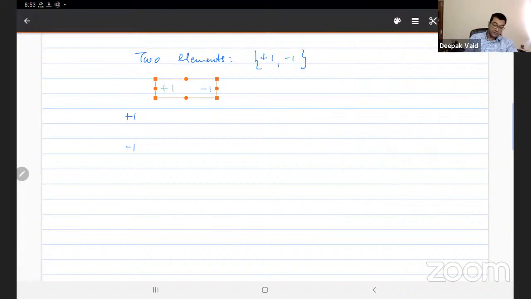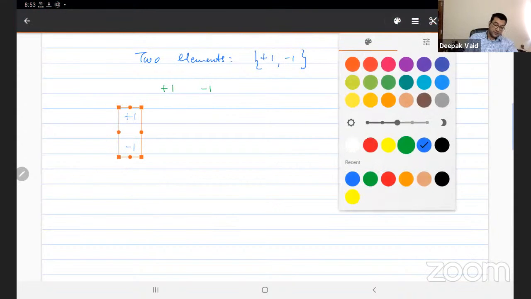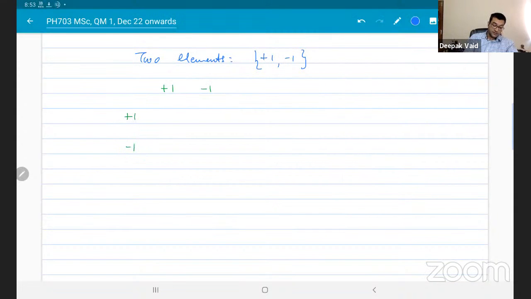Now, look at the product of these elements. What is the result? I get +1, -1, -1, and +1, right? So this is called the multiplication table. It is called the group multiplication table.